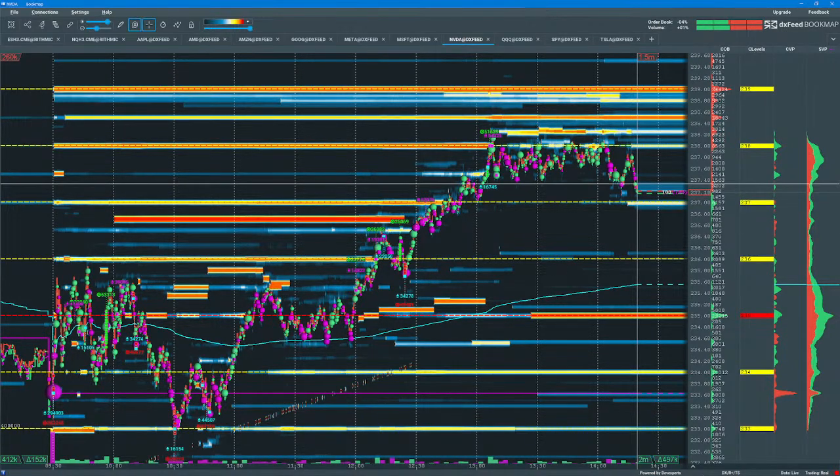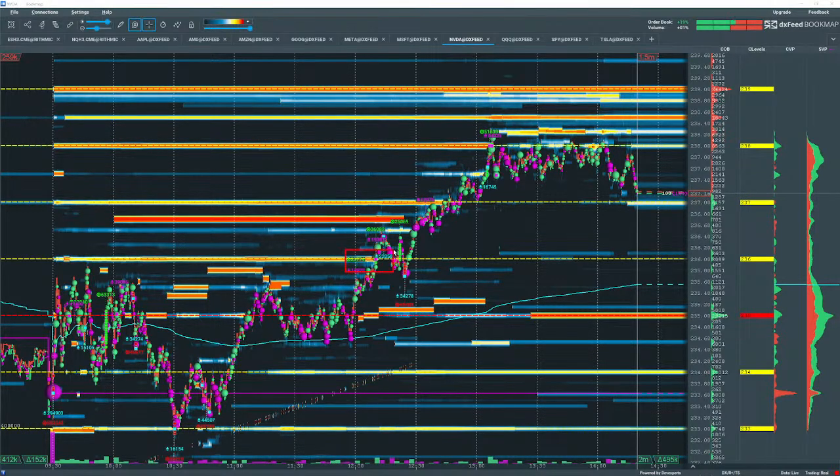And targets, liquidity targets, looks like the next target above, or the targets were at 236, 237, 238, then 239 may be the next liquidity target. And price seeks these liquidity targets.